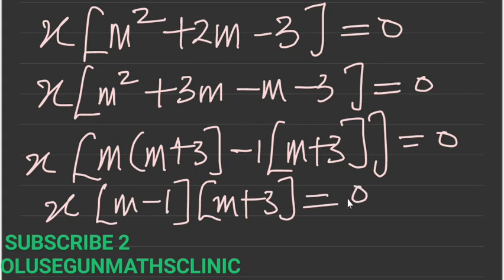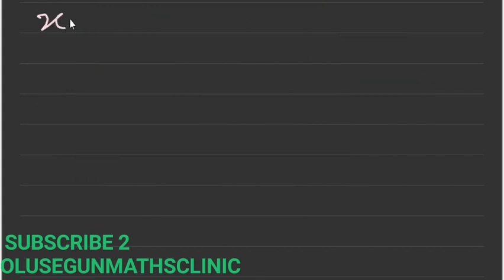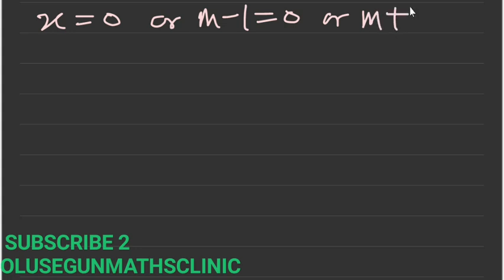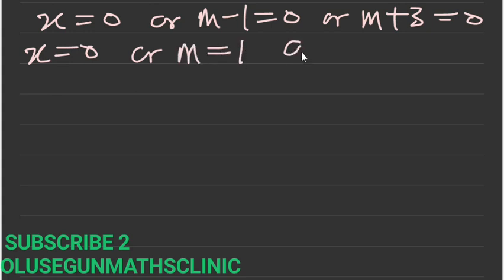Everything is equal to 0. Now recall that if these three things multiply each other and are equal to 0, it means that x can be 0, or m minus 1 is equal to 0, or m plus 3 is equal to 0. So x is equal to 0, or m is equal to 1, or m is equal to minus 3.